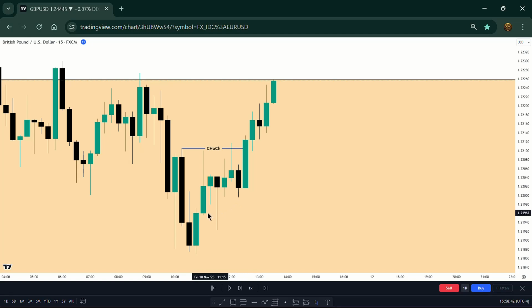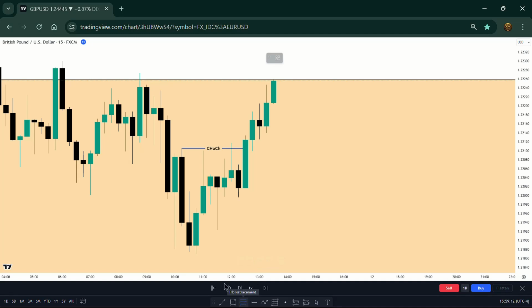you don't even need inducement. Okay, the market has already taken out this low. Okay, this low has already been taken out, meaning you don't need inducement for you to enter any trade here. Okay, so if the market comes back down, okay, you can enter.